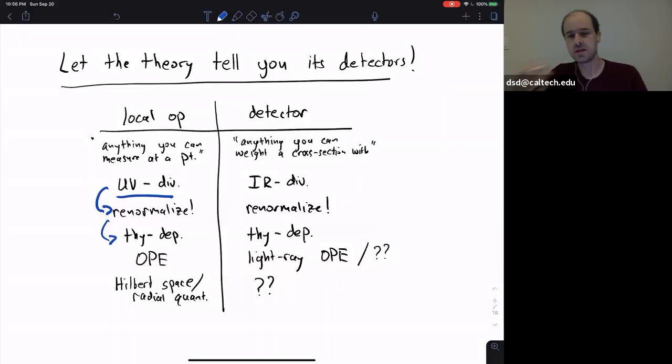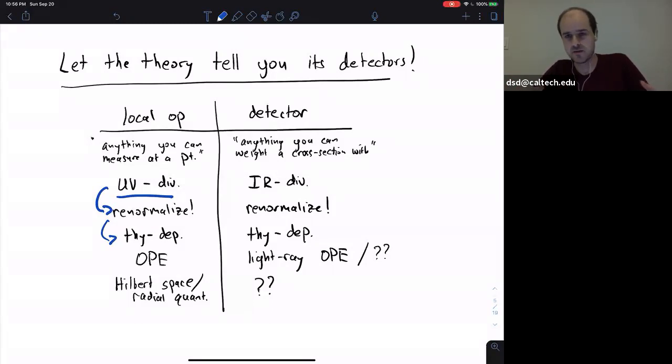So once you've identified the space of good observables, once you've identified the local operators, then you have lots of beautiful structures on these local operators that make sense non-perturbatively. Like, for example, the operator product expansion, which is something that's really best understood in terms of the good observables, the true local operators of the theory, and not the bare operators that you would write down if you were just starting to do perturbation theory in a naive way.